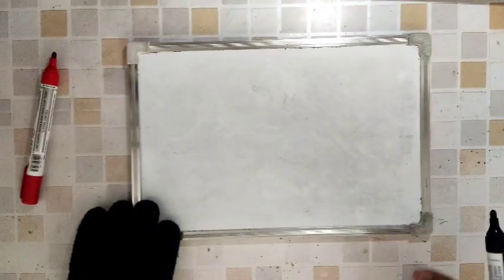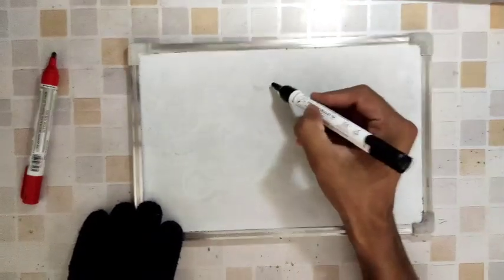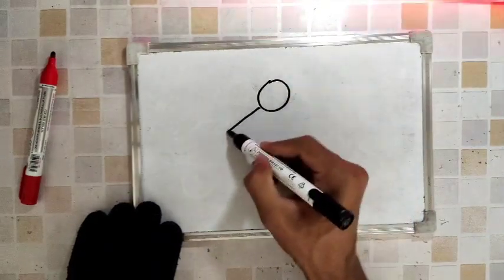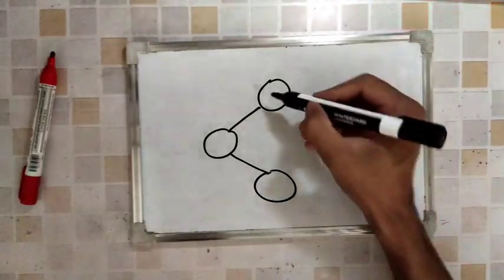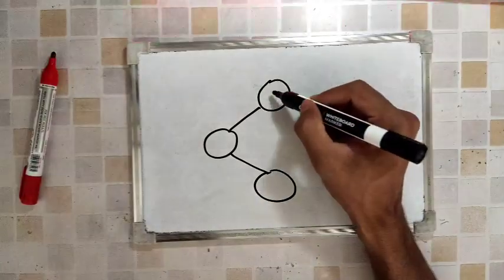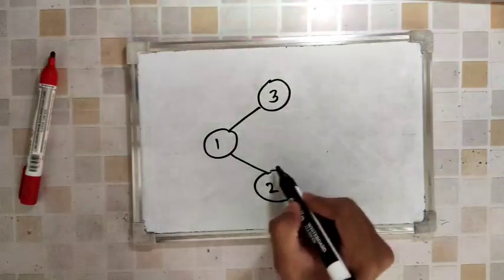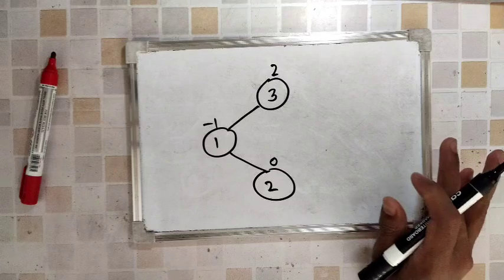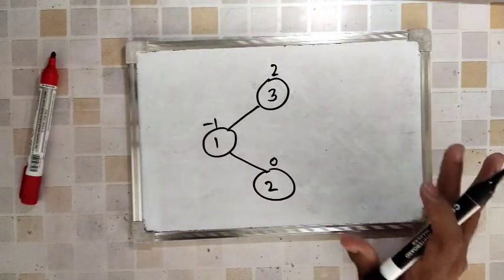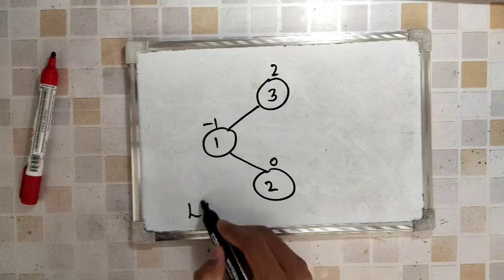Okay, now we are done with the left and right rotation. Now let us go with left first and then right. Suppose we have a tree like this, like the share icon in most devices. So let us assume this is 3, this is 1 and this is 2. So this is 0, this is minus 1 and this is 2. That is the balance factor. So now what I have to do is a left-right rotation.